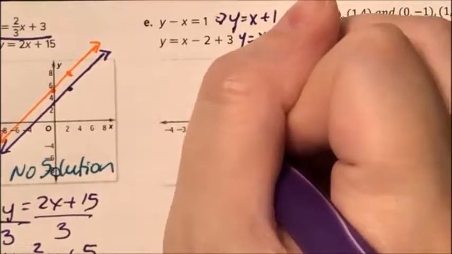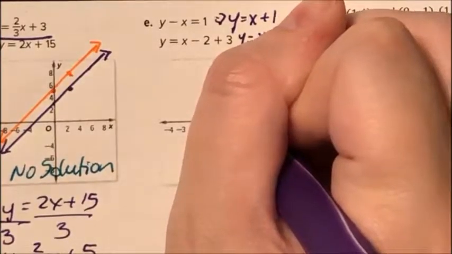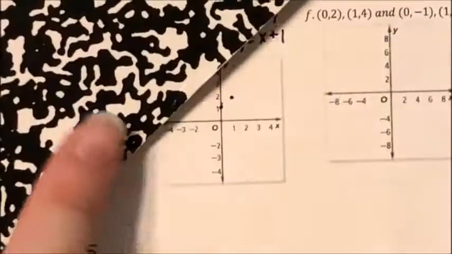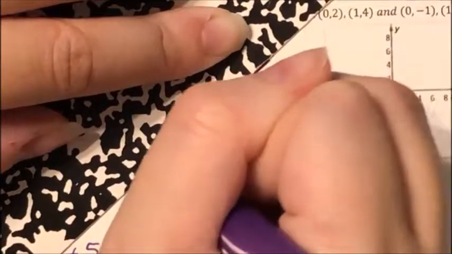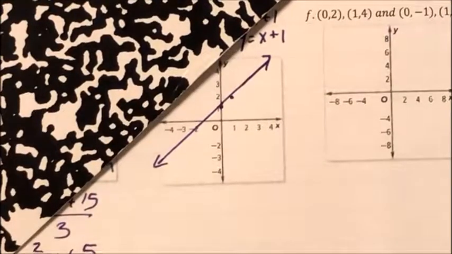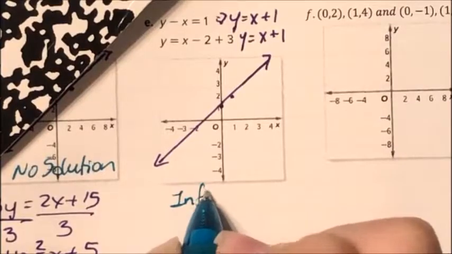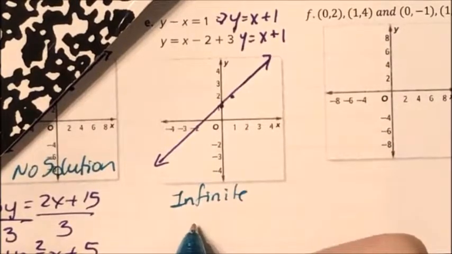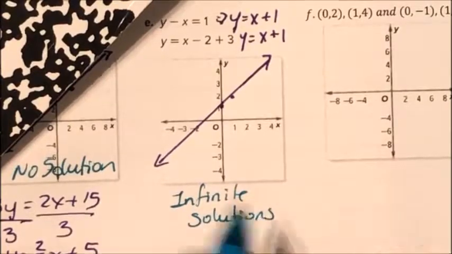So when I graph this, plus 1, up 1, over 1. Here's my line. And there is only going to be 1 because they're both the same equation. So infinite solutions. Okay.